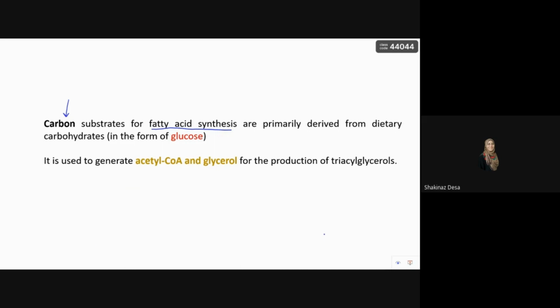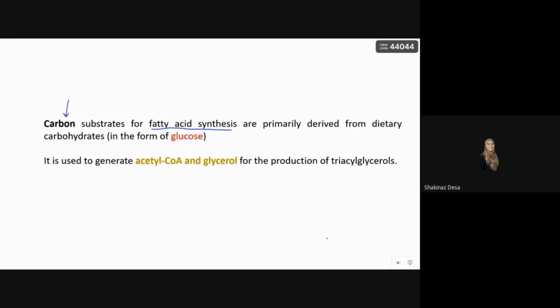Bila kita makan, ada digestion and then dia form lah glucose kan. So glucose tu lah yang akan menjadi sumber kepada karbon bagi menghasilkan fatty acid.